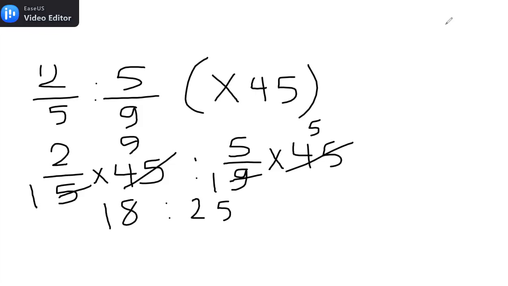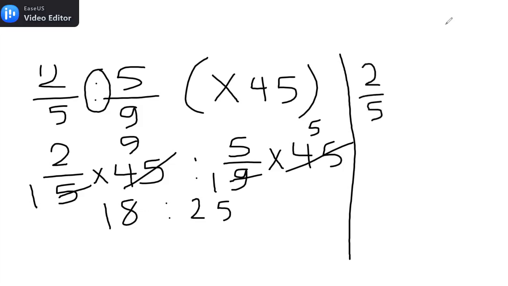There is another way to solve this problem, but it will work only with a ratio between two fractions, because in the next lesson, inshallah, we will talk about ratios between three numbers, and sometimes there can be a ratio between three fractions, so we don't use this method with those. We can consider the ratio sign as divided by. So we'll solve it as 2/5 divided by 5/9.